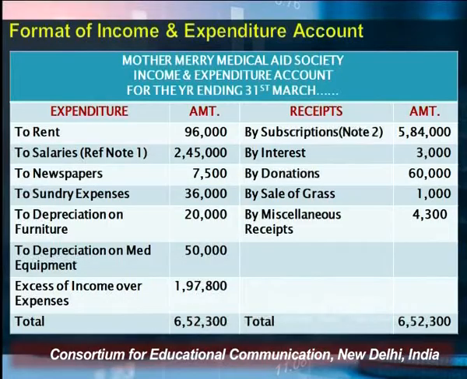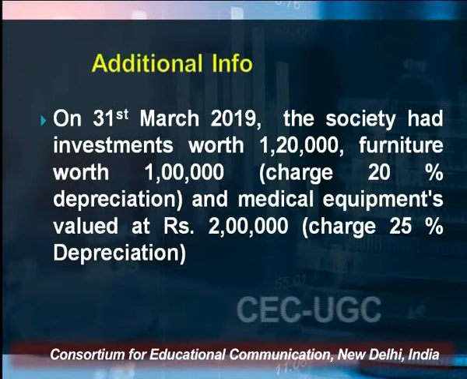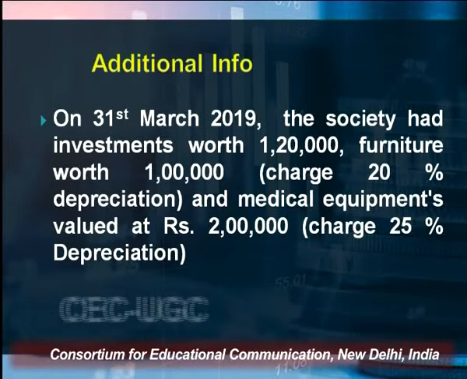The next item is the depreciation. Now depreciation was to be charged on two items. If you read the question carefully when I was reading it, the depreciation on furniture and the second item, the medical equipment. The rate of depreciation on furniture was 20%, and the amount of furniture in the beginning of the year was 1 lakh. So that's how it comes out to be 20,000.